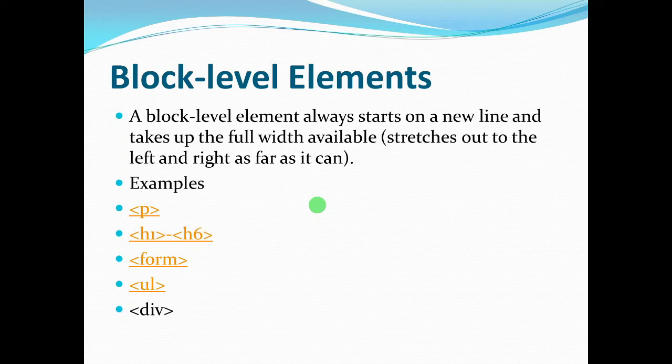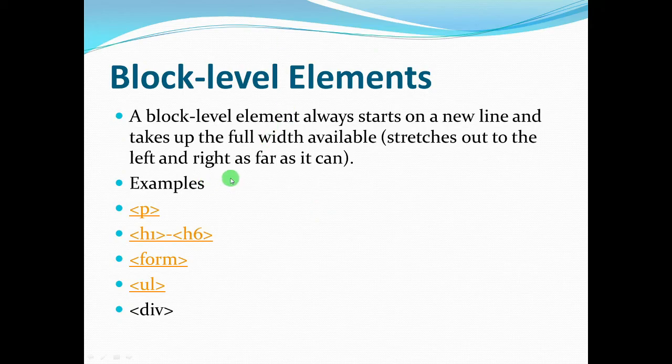Block level elements essentially are elements that have a number of properties. One is that they always start on a new line, and they take up the full width available, okay, on the browser or on the screen in which they display. So in other words, they stretch out from the left of the page to the right end of the page.